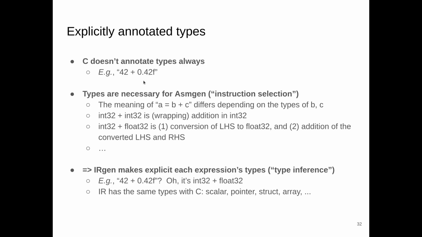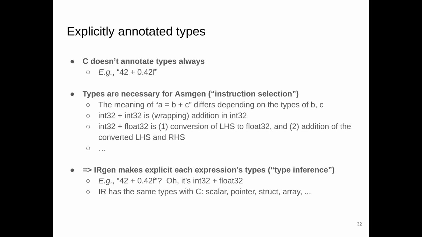And as a result, this expression's meaning is that we convert this integer into a float by casting the integer value to a float, and then adding these two float values here. But it is not explicitly annotated, so we need to discover this type information in the IR.